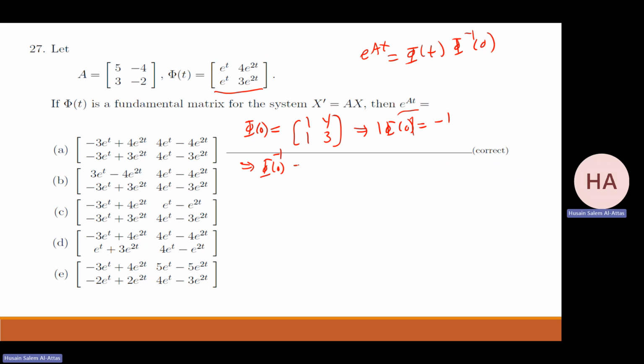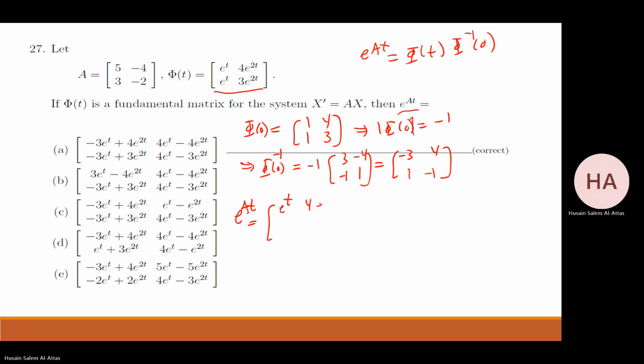The inverse of that will be minus 1 over 4 times [-2, -1; -2, 1]. That will be [1/2, 1/4; 1/2, -1/4]. e to the power At will be Φ(t), which is this, times Φ inverse.